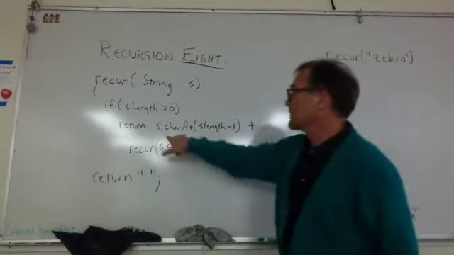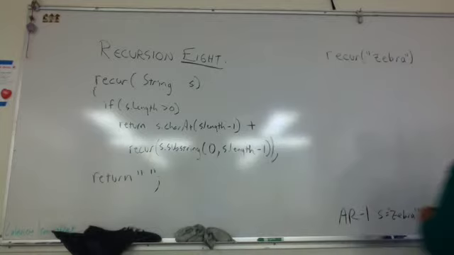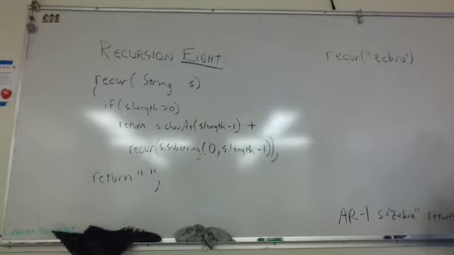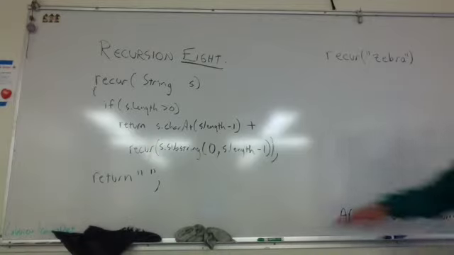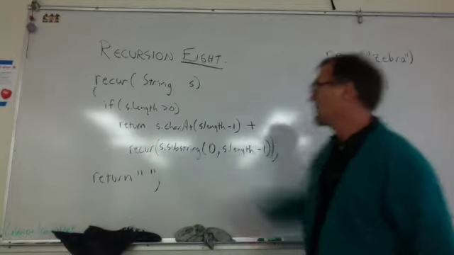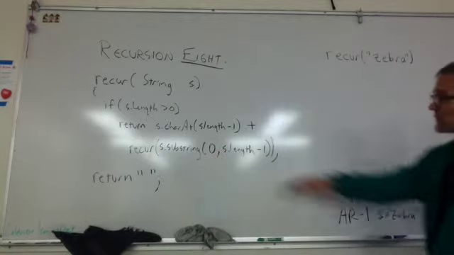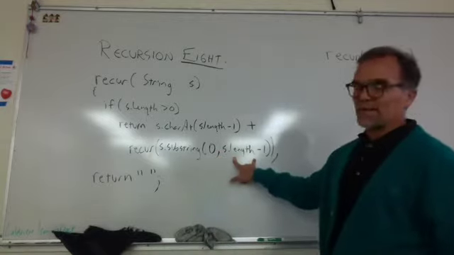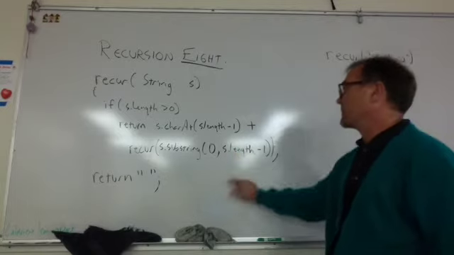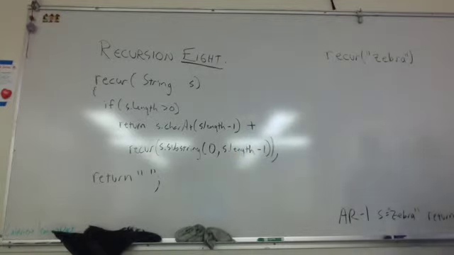We're going to return the character at the end, length minus 1, the character A, plus whatever happens with recur with the substring of everything but the last character. Remember, substring stops one before the end index, so it leaves off the last character.